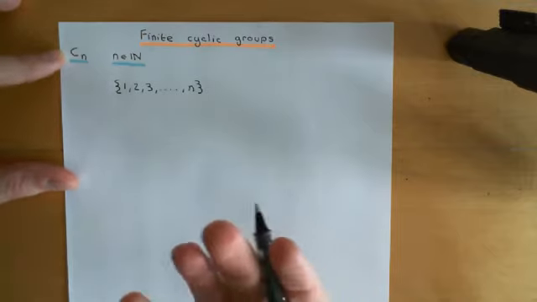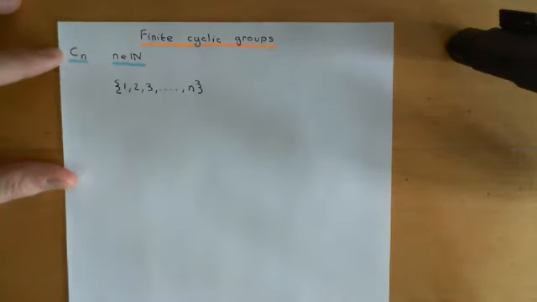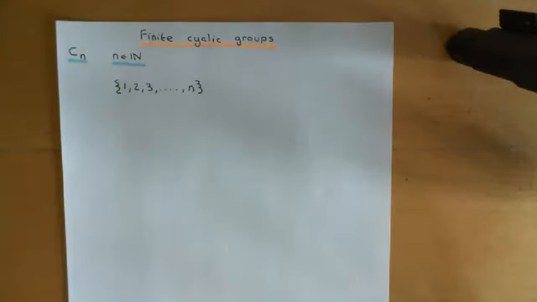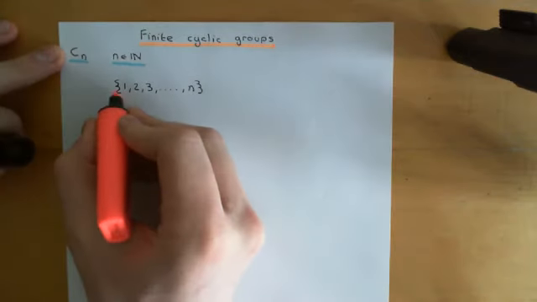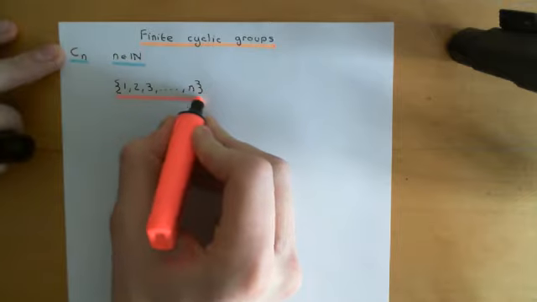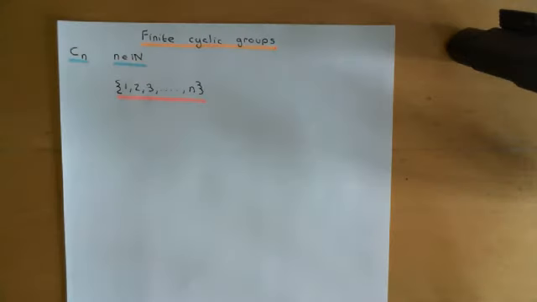If little n was equal to 2, we'd just have the set containing 1 and 2 basically. Okay, so when you want to create the cyclic group C little n, you need to create this set 1, 2, 3, all the way up to little n, containing all the natural numbers up to and including little n, basically.